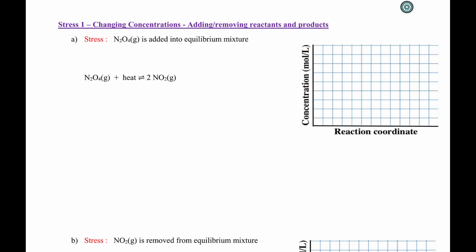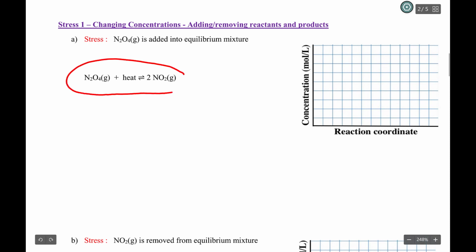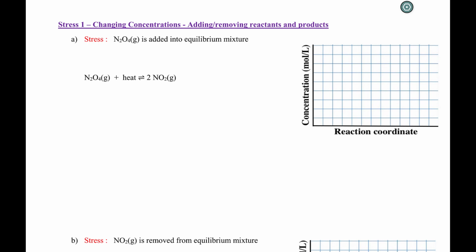So let's start with adding something into an equilibrium. So here is an equilibrium system. It's a very famous one, dinitrogen tetraoxide becoming 2 nitrogen dioxide molecules. And the stress, which I have in red here, is to add some N2O4 into the system.